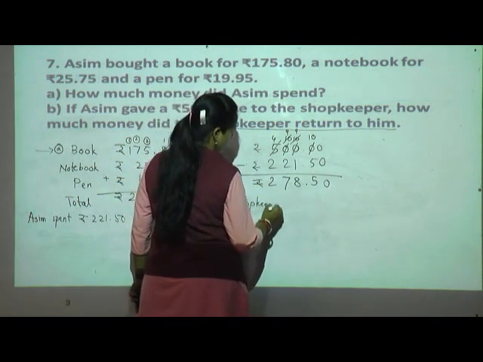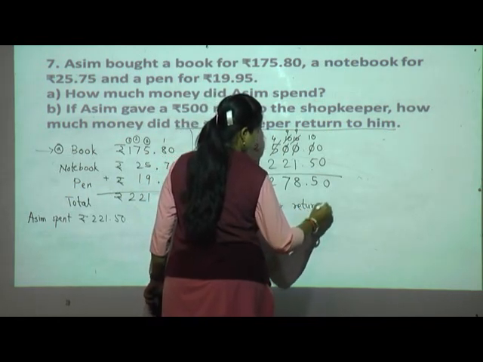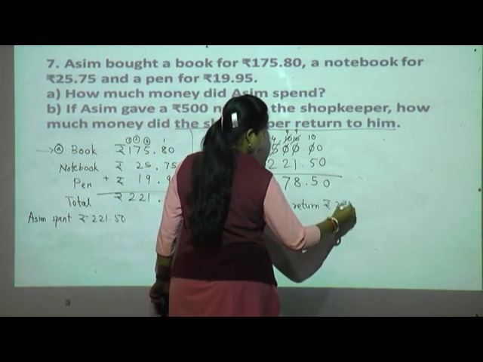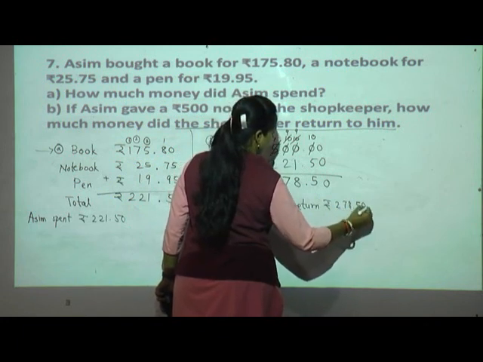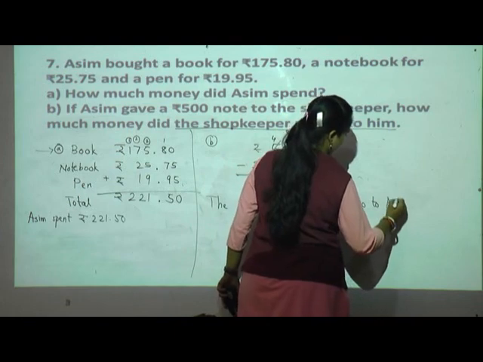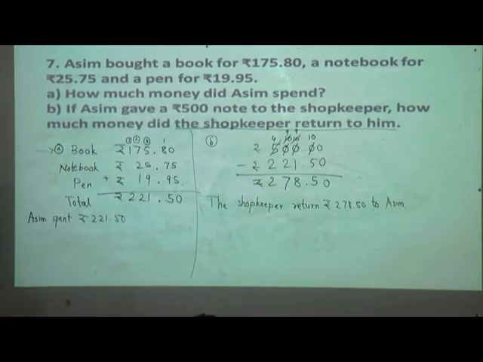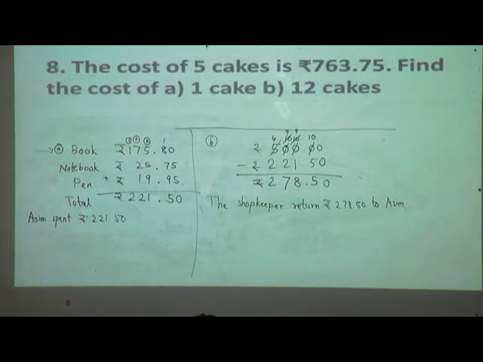The shopkeeper returned rupees 278.50 paisa to Asim. Full stop. Clear? In this way you have to solve. Okay? The last example I will explain to you. You are going to solve by your own.